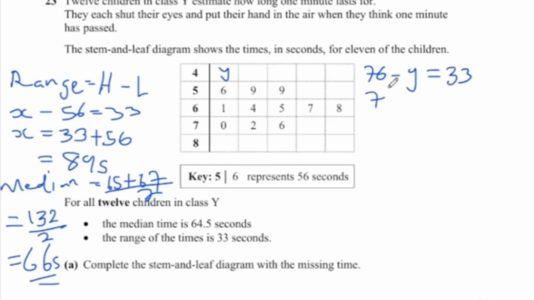So 76 minus 33, basically, this one will give us, so we'll have 43 seconds here, okay? So I can replace that y and write 43. Let's see how it plays out.